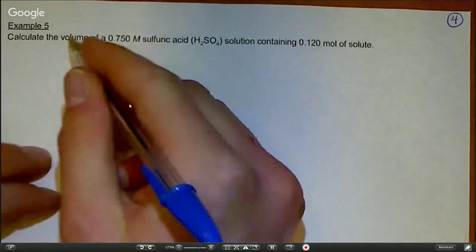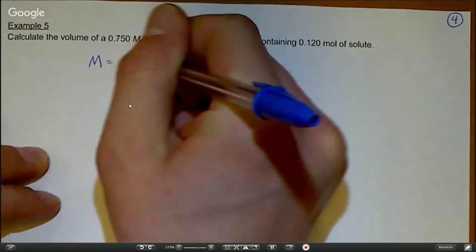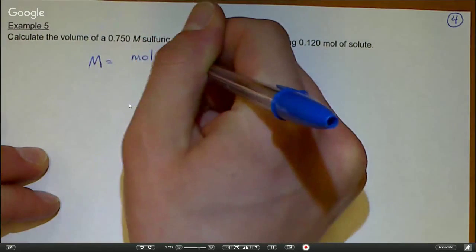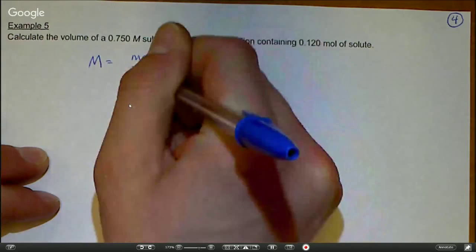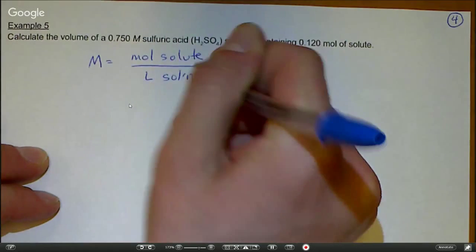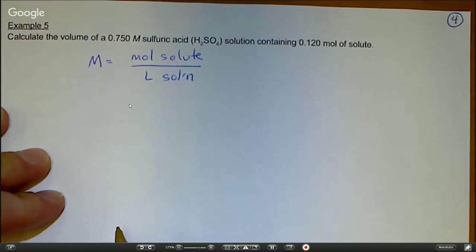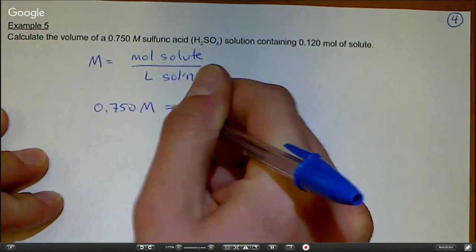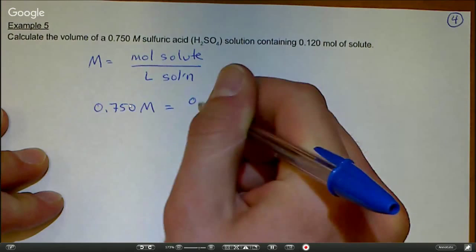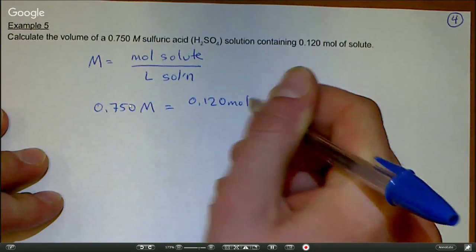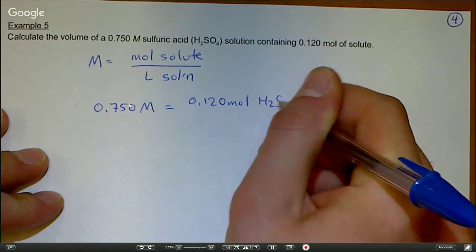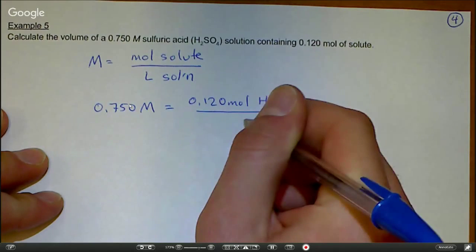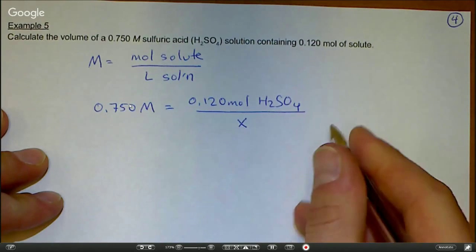So now we want the volume. Again, remember molarity is moles of solute over liters of solution. So we're just doing some algebra here, some rearranging. So 0.75 molar equals 0.120 moles of the H2SO4 per X, where X is our volume that we want.